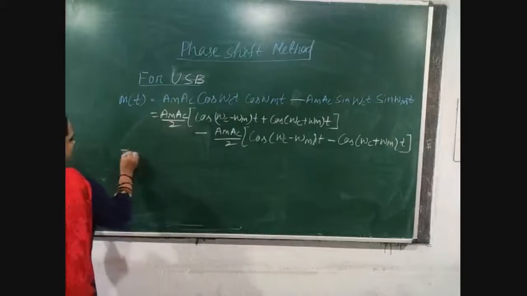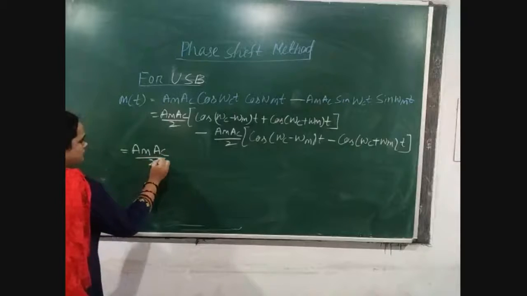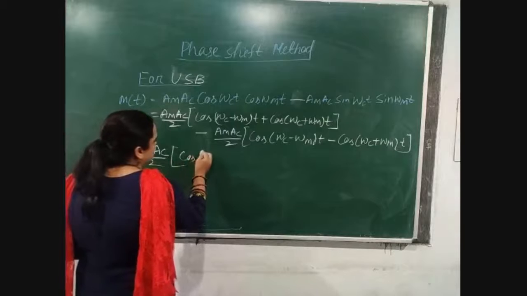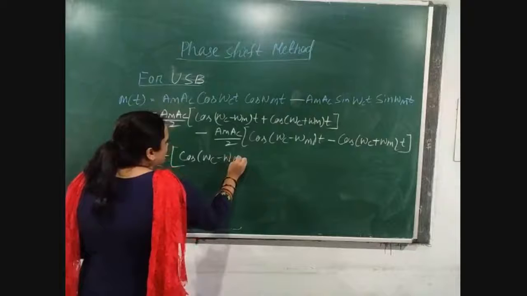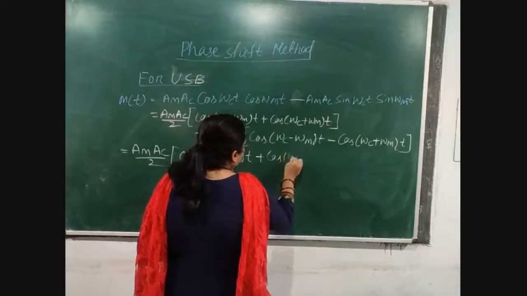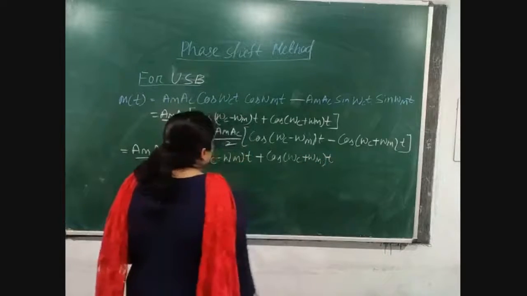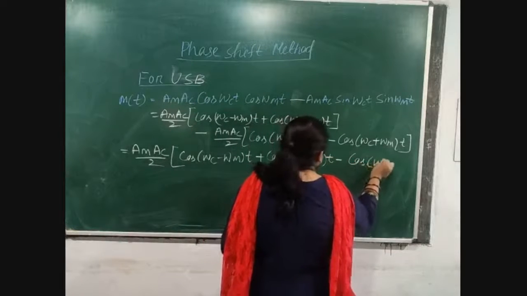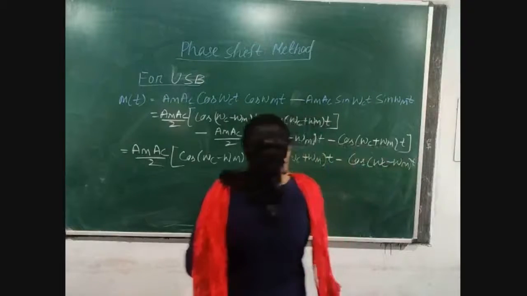After that, we take Am Ac/2 common and open up all the brackets: cos(ωc − ωm)t + cos(ωc + ωm)t − cos(ωc − ωm)t.